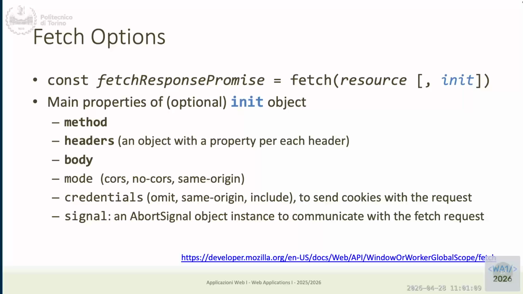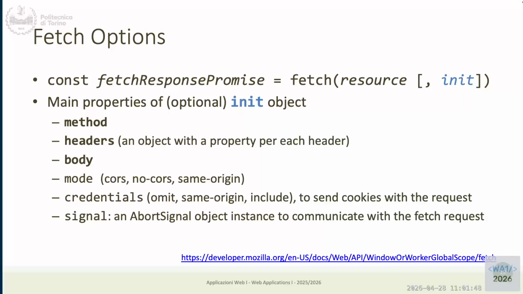But what happens if I want to send a post or a put call with a different method? It's also easy, because fetch allows a second argument, which is an object with a lot of properties, and one of these properties is of course method, and also body or headers. So before calling fetch, I can build an object, the second argument of fetch, with all the specification of the call that we want to make. The method is post, and the body is encoded in JSON format.